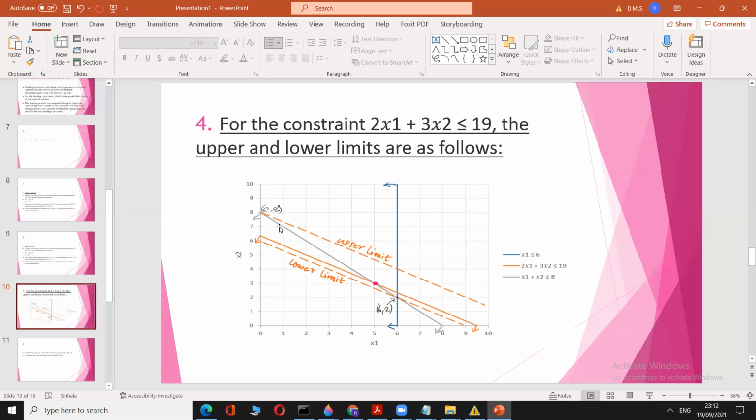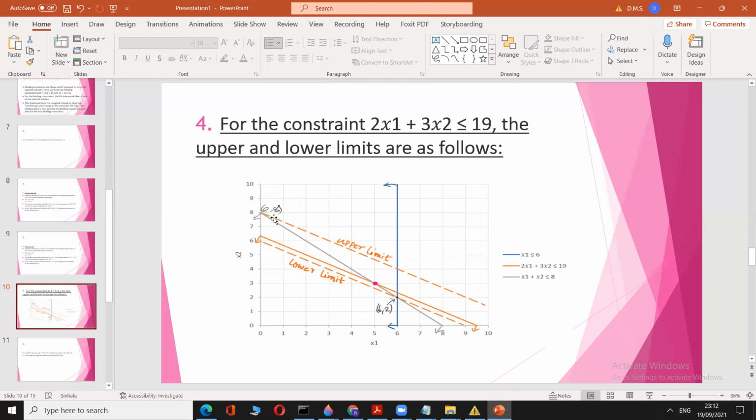There we try to find the place where it intersects the y-axis. It is this position, the upper position. Find the coordinates of that: it is 0, 8.